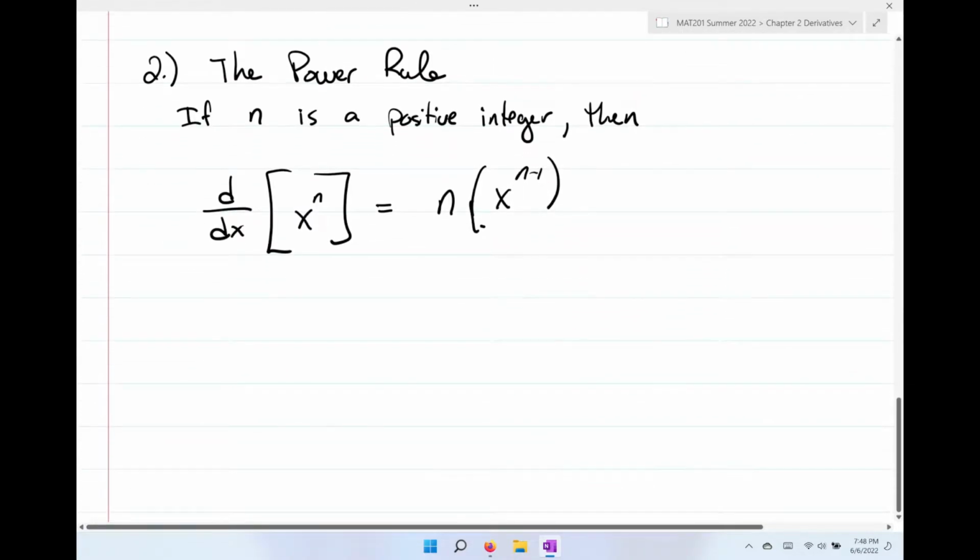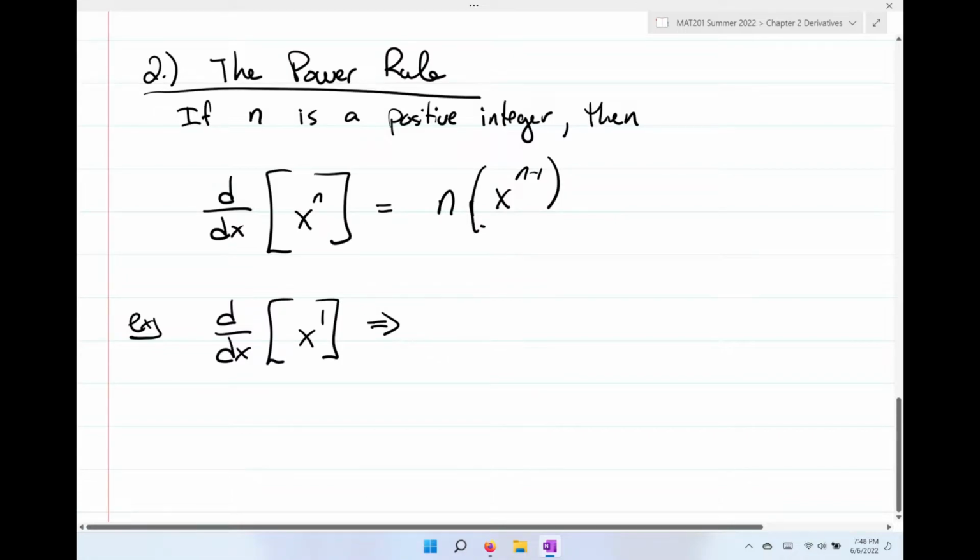So by looking at our two examples that we previously did, if I wanted to find the derivative of x, well, note that this is x to the first. So according to the power rule, I take the exponent, which is a 1, and I pull it out front of the variable x. And then I subtract 1 from that exponent. Now we know 1 minus 1 is 0.